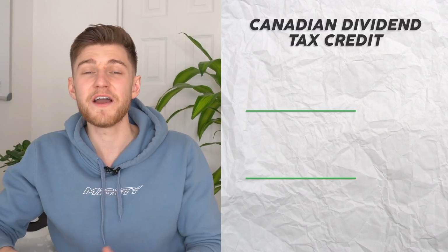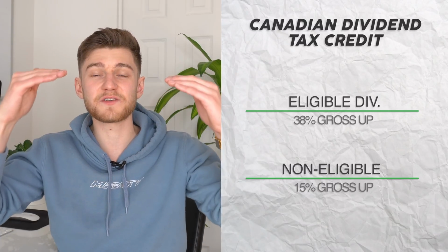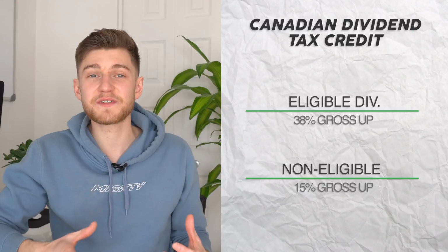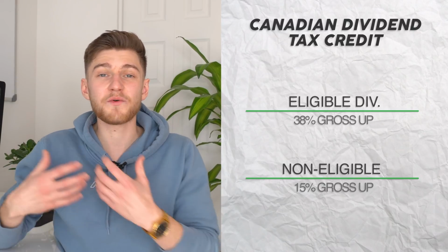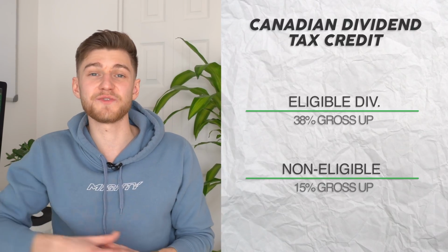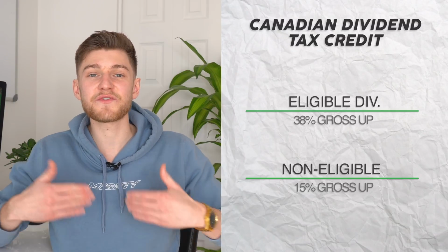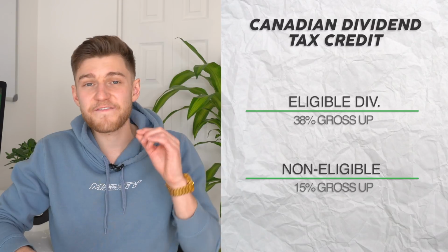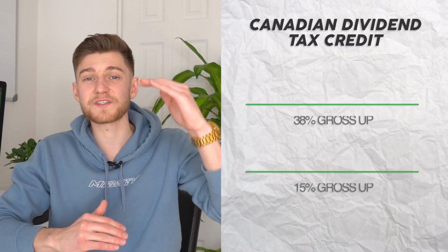And then from there, you're going to gross up the dividends received by either 38% on eligible dividends and only 15% on ineligible dividends. And then from that calculation, you're going to be able to calculate your tax credit, which is going to be 15% of that gross up value.